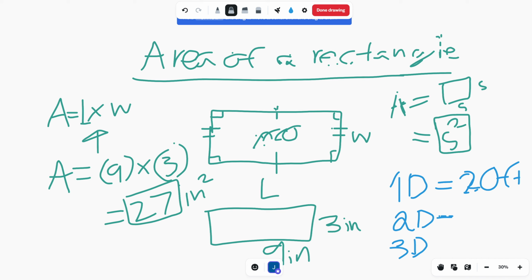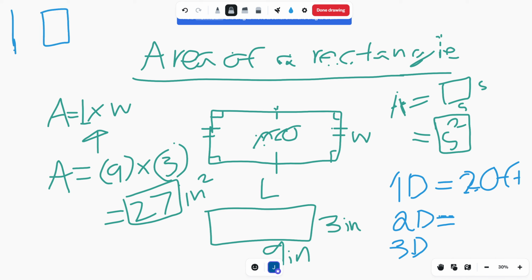Now, two dimensions is when we get into area. If I were to tell you to calculate the area, I'm considering multiple avenues of a particular shape. So with one dimension, I'm drawing up here in the top left corner, we have a straight line, and with two dimensions, we have a box.